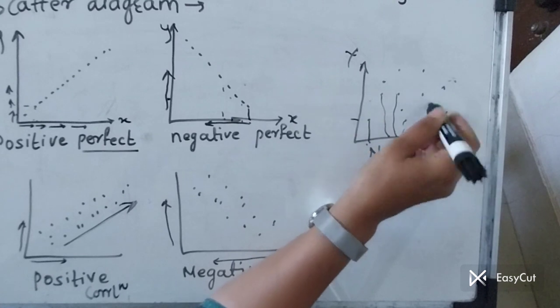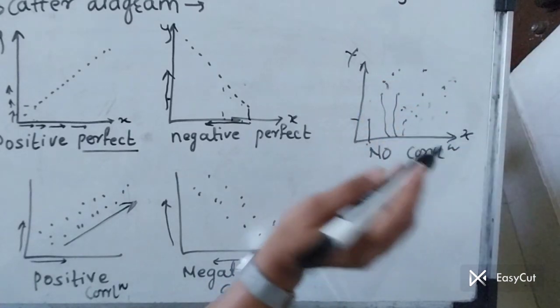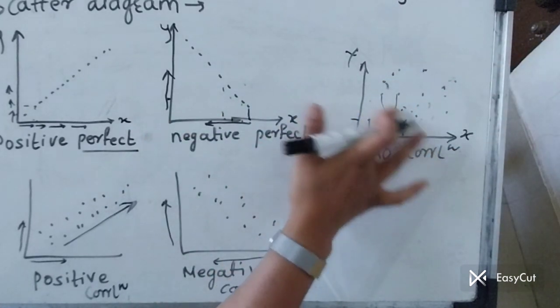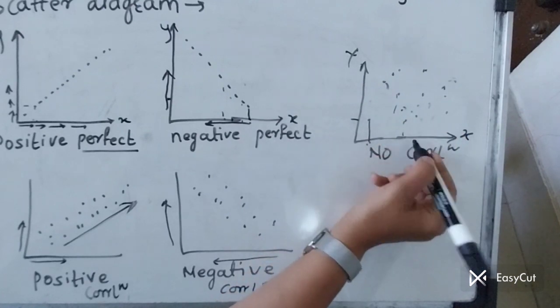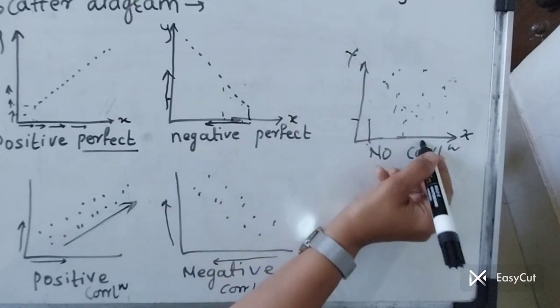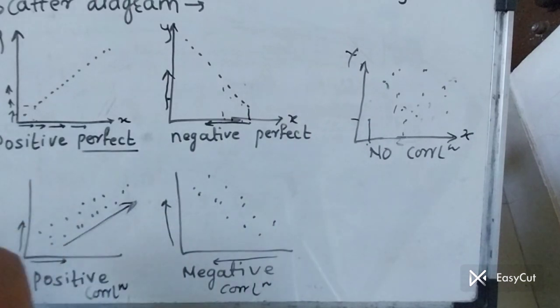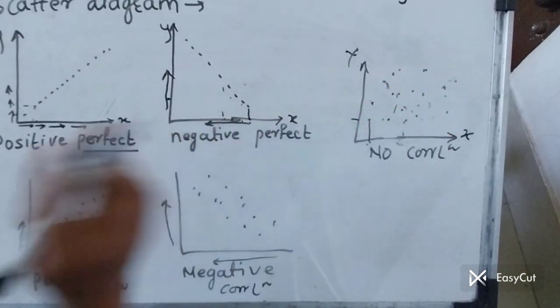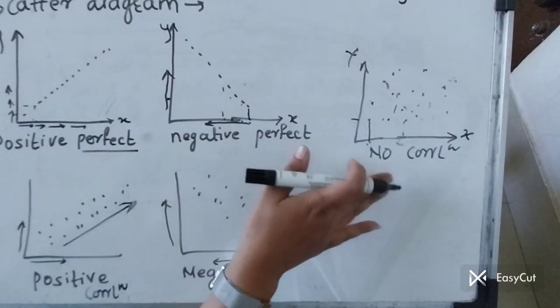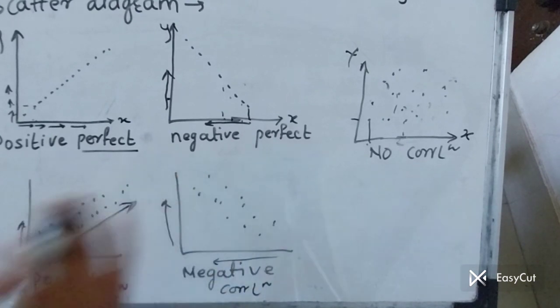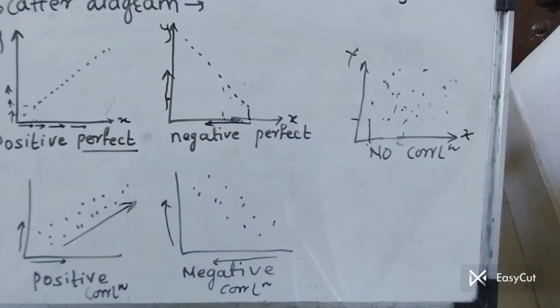So this scatter diagram is called no correlation. Somewhere x increases, somewhere y increases, somewhere x decreases, somewhere y increases. So we can't find the relation in this diagram. This is the scatter diagram. It is always asked in exams for 4 marks.